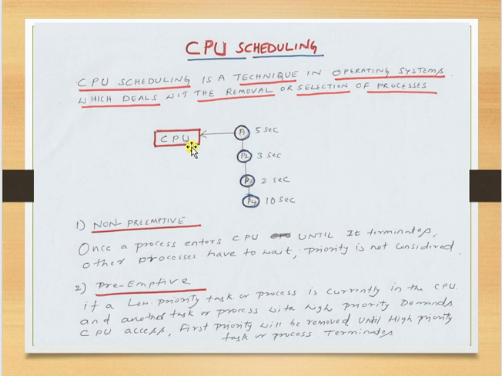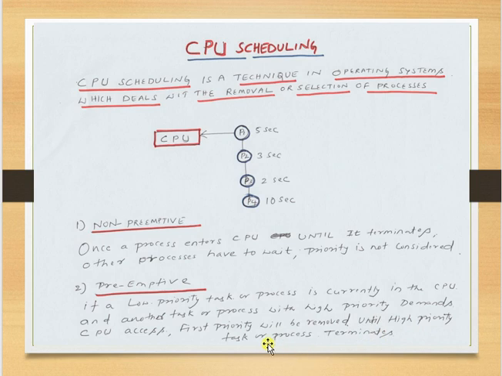The CPU has to shift its access to P2. So overall, what I would like to explain about preemptive is, if a low priority task or process is currently in the CPU and another process with high priority demands CPU access, the low priority process will be removed until the high priority process terminates.